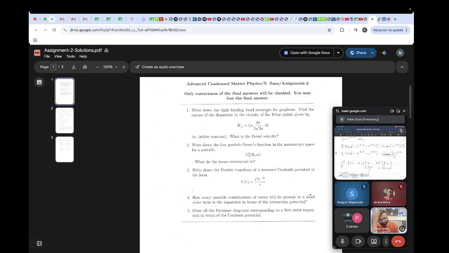So multiply these two: 1 plus e raised to power minus i k dot a1 plus e raised to power minus i k dot a2 multiplied by 1 plus e raised to power i k dot a1 plus e raised to power i k dot a2. This is equal to 0.